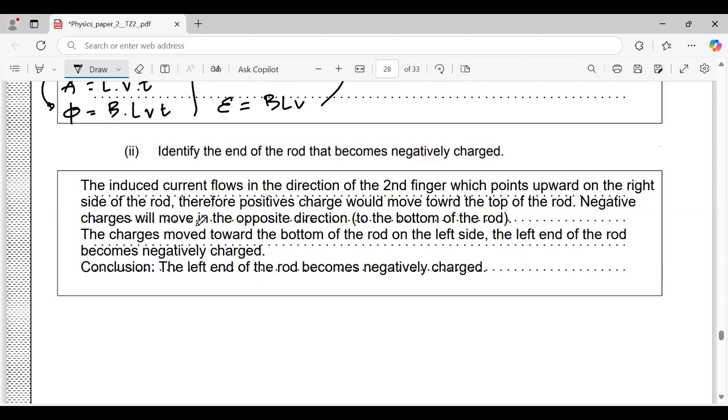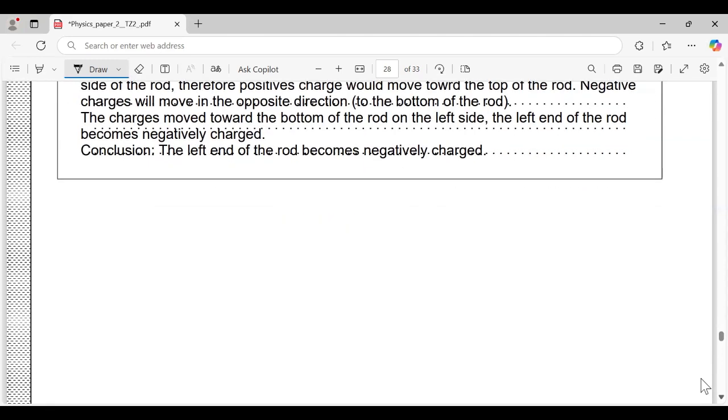Negative charges will move in the opposite direction, to the bottom of the rod, on the left side. The left end of the rod becomes negatively charged. Conclusion: the left end of the rod becomes negatively charged. Right. Next.